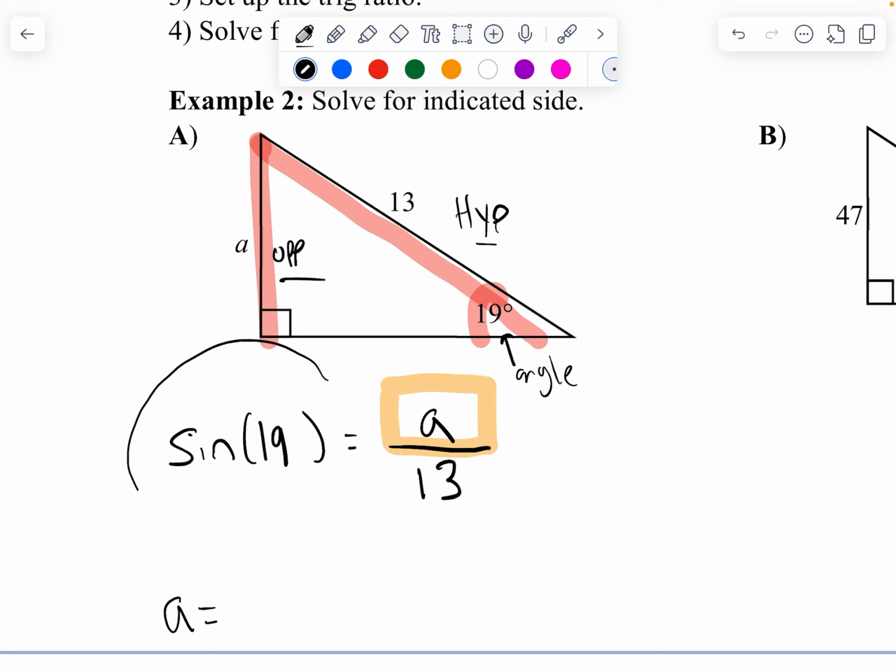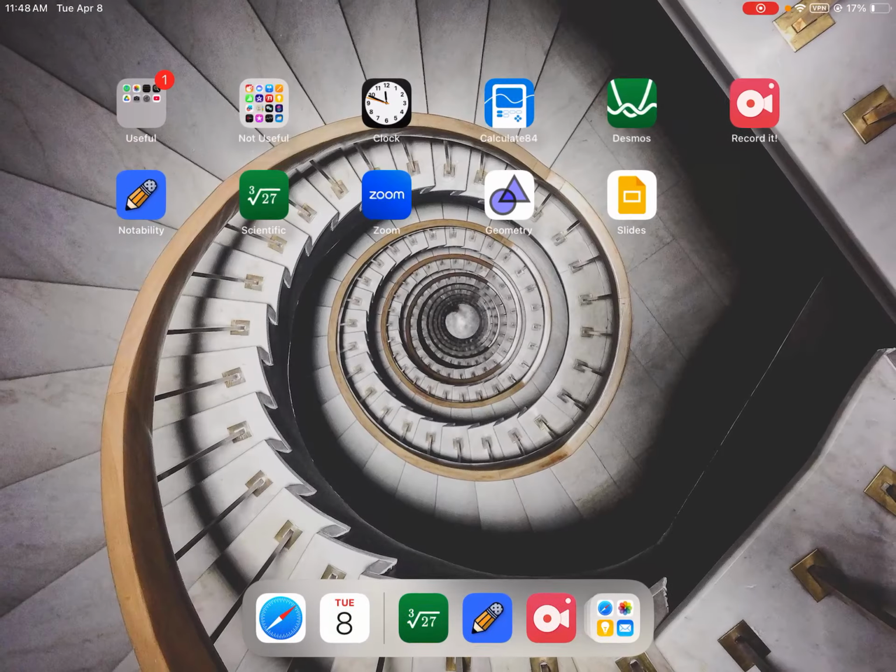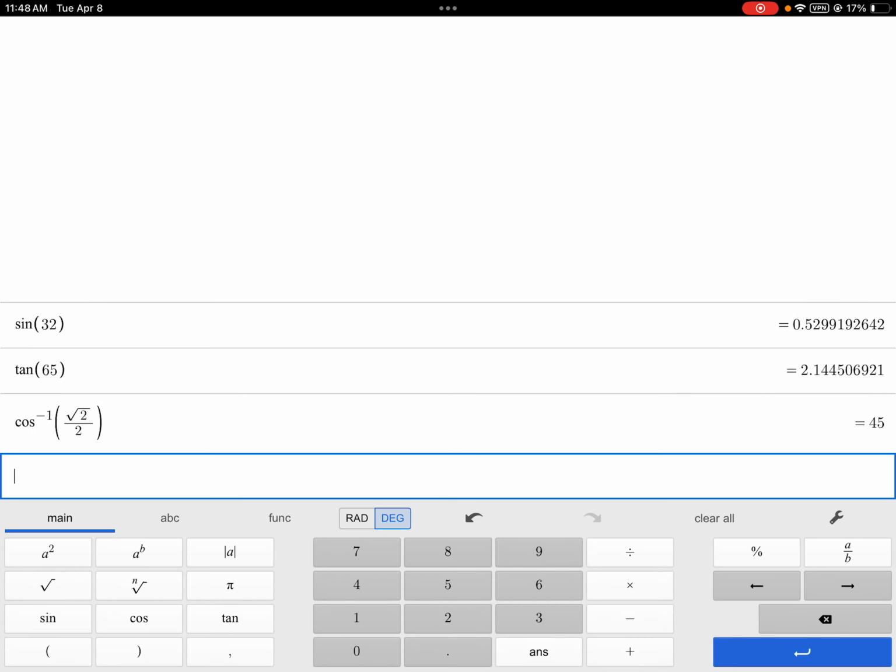My goal is to get a alone, and it's tied to 13. Well, we undo division by 13 with multiplication, so multiply 13 on both sides, which means a equals 13 times the sine of 19 degrees. That is the exact answer. Now, typically, we don't really care about the exact answer as much, so for 13 sine of 19 degrees, we want the approximate.